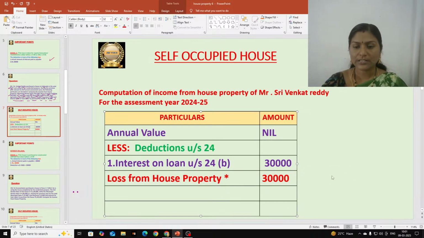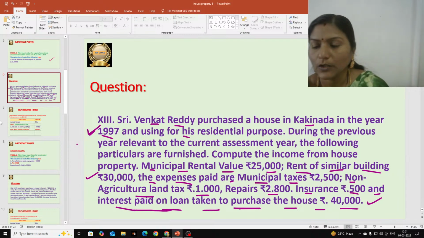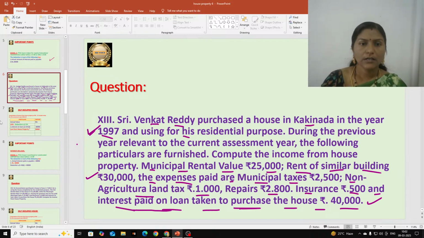I will show how we calculated, what is the question and what is the solution that we did. You can see that once. So this is the question. You can see the question for a while.